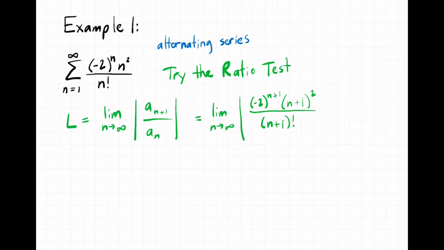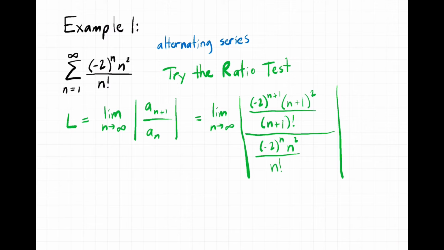All I did was fill in the formula for the a_n's there, but replace the n with n plus 1 everywhere that I saw the n. Now, big division bar, because we're dividing this by an entire fraction, I'm just going to fill in a_n now, and that is just negative 2 to the n times n squared over n factorial. Extend these absolute value signs here. That is our expression. Don't panic.